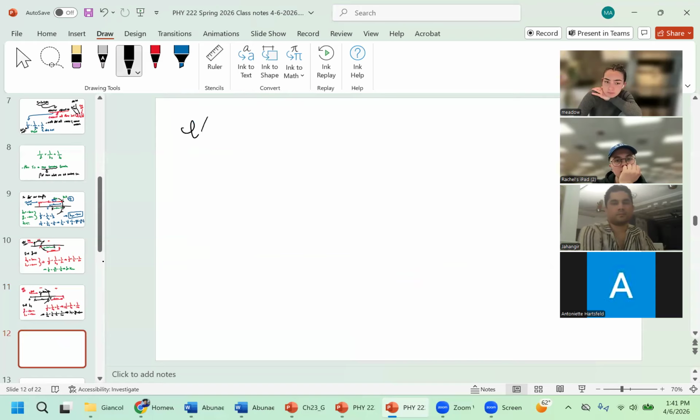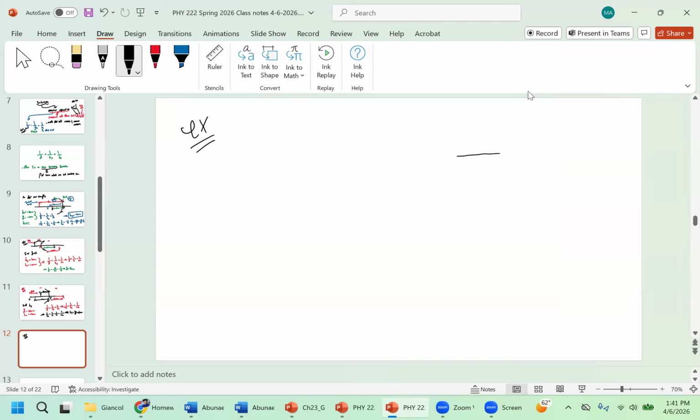Okay, let's do another example, shall we? Now let's say, and go ahead and write down the information first. So let's say you got a concave mirror. Here's P. Here's F. That's my object.